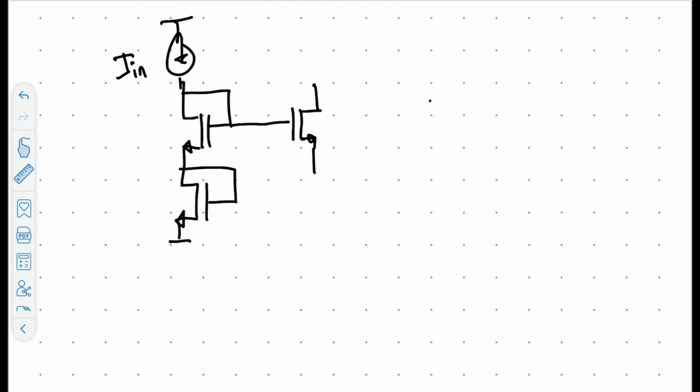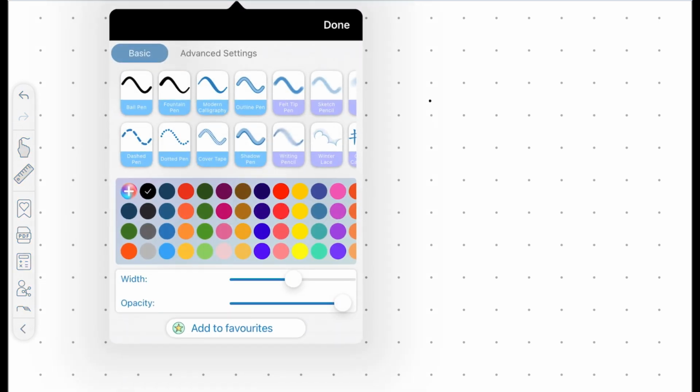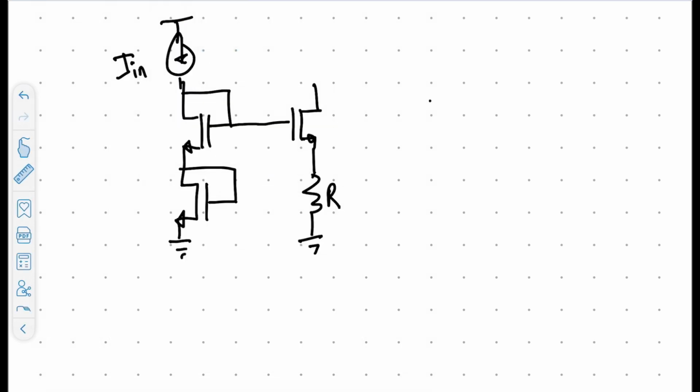This is the first current mirror that we had. So this is R. Now if we were to grab the second current mirror, what we could do is actually utilize this diode structure here.